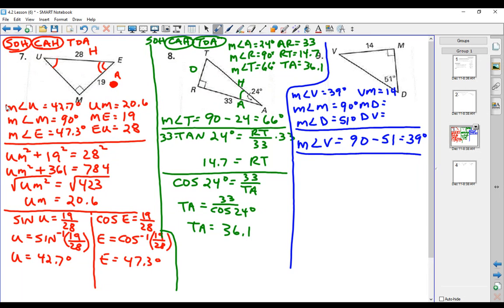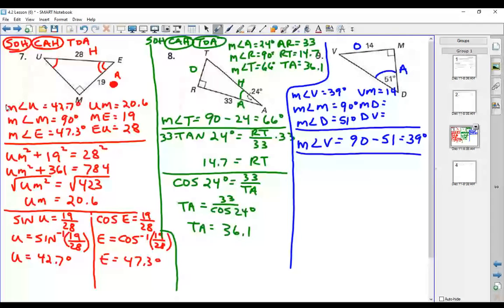Now, if I want to find the missing sides, I have to look at this 51-degree angle here. In terms of that 51-degree angle, side VM is my opposite side, and side MD is my adjacent side.